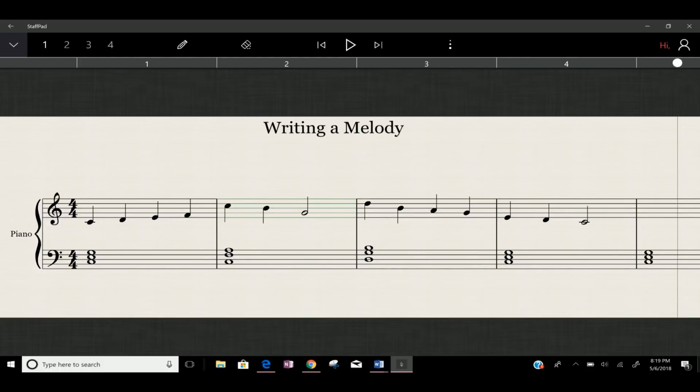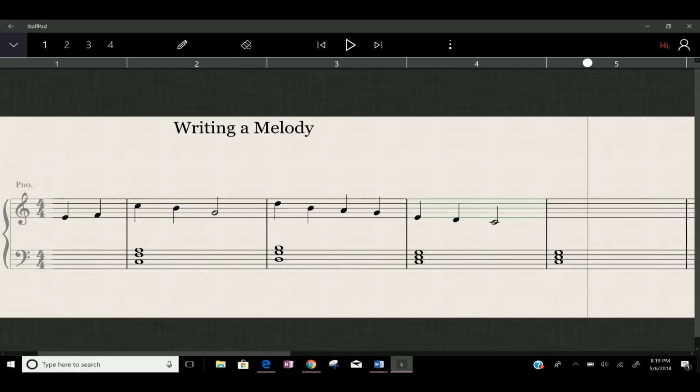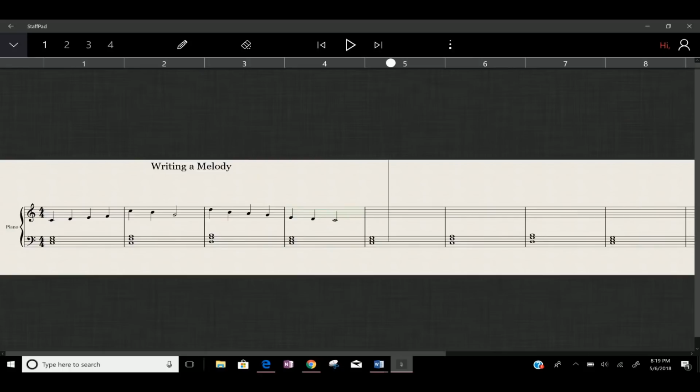At the end of a two-measure idea, I always like to put a half note, or just something that contrasts a little bit. So as you see, I have a half note here and a half note right there. You can also put a little rest there, so long as there's some kind of breath in the idea.